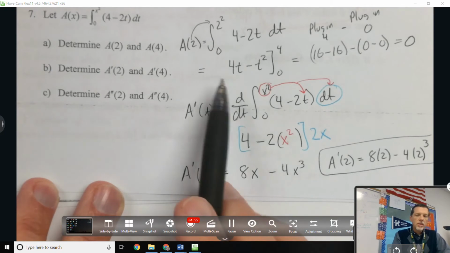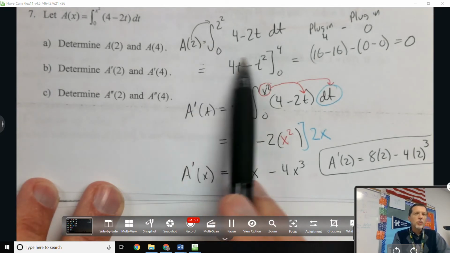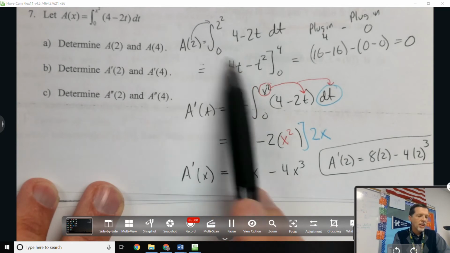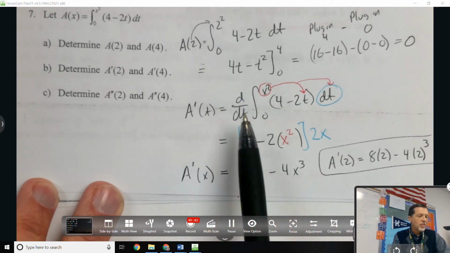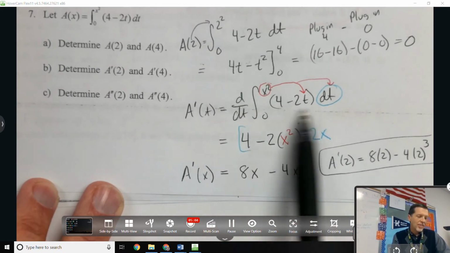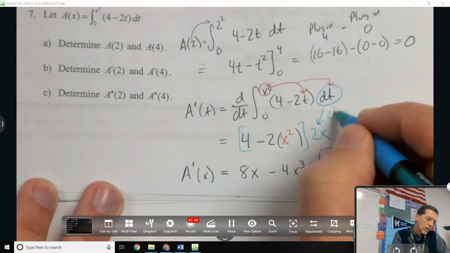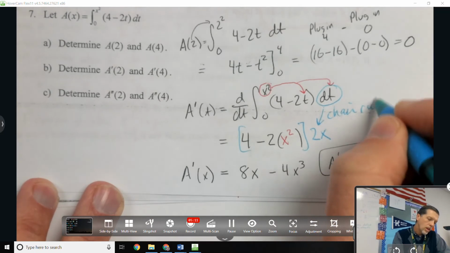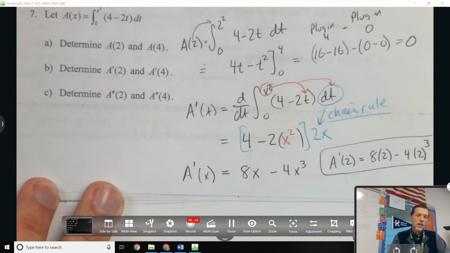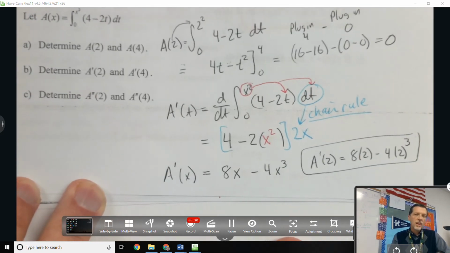There wasn't a chain rule to be done on this. This was just antiderivative. This was derivative of an antiderivative, so that cancels each other out, with the payment being chain rule. So I just plugged in 2. All the work was getting A prime, and then A prime of 2 is just plugging in 2.